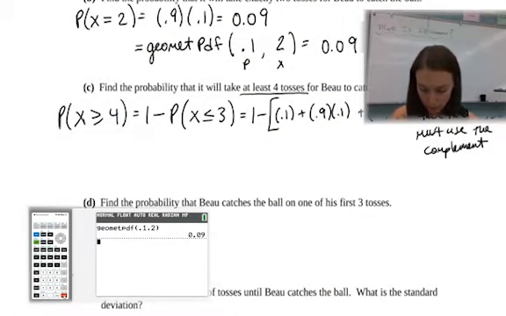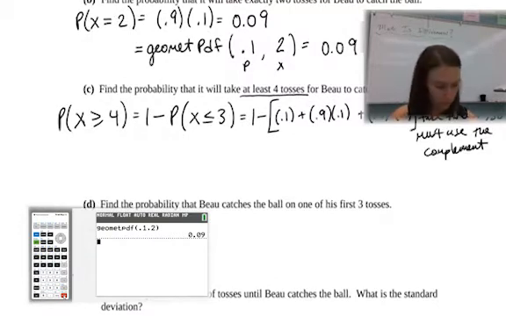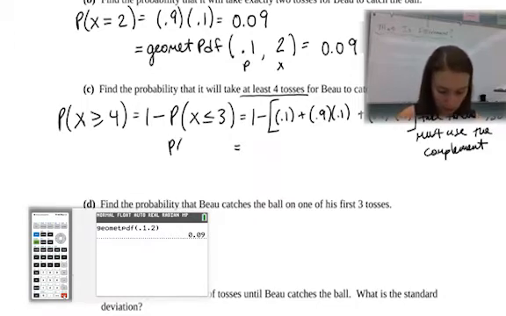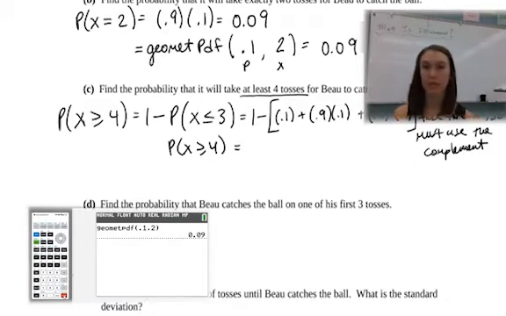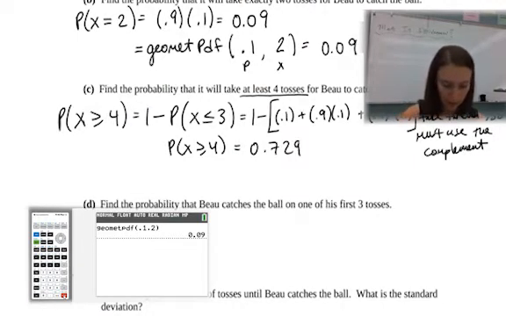Oops, 0.1. All right, and I can plug that in my calculator. And I get, so the probability that x is greater than or equal to 4, because remember we're subtracting that from 1, is 0.729.